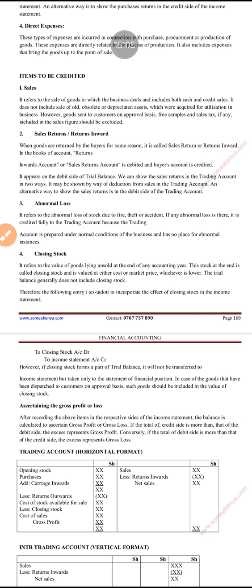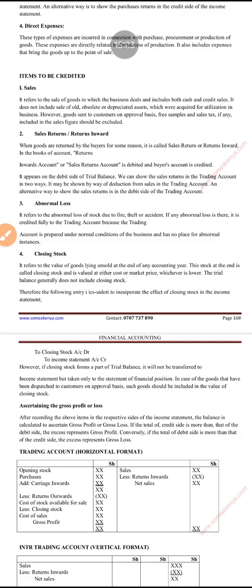So number 2 is sales return or return inwards. So when we sell stock to customers, and the customers return those goods to our business, that is what we call return inwards. They should be excluded.